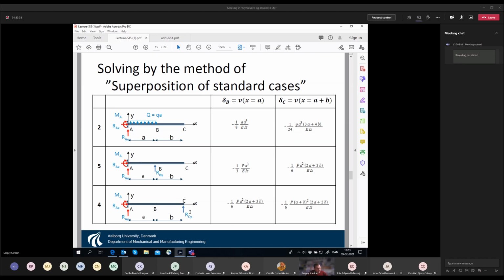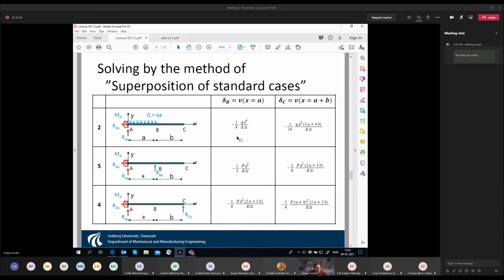Again, for this setup, you immediately find this formula. It's plug and play from the table and this formula. But in order to use this formula in our case, we have to put here instead of P, this force. So in here and here, we substitute instead of P, RCY here and RCY here.